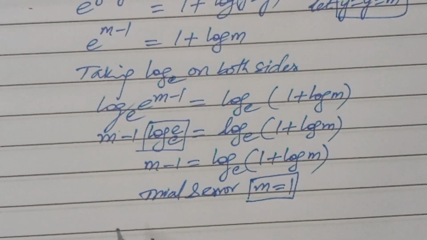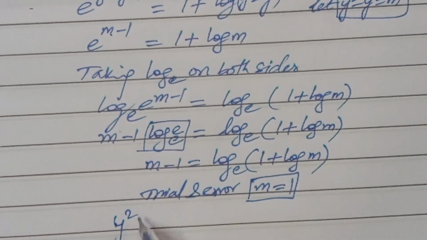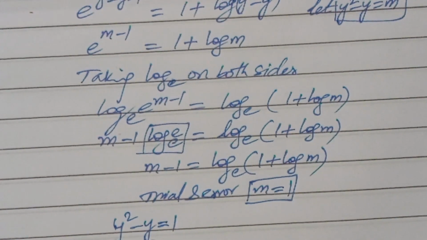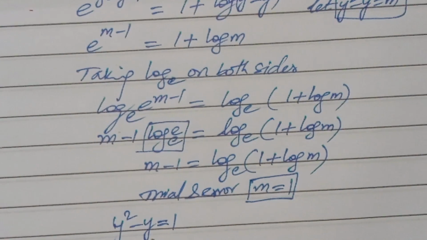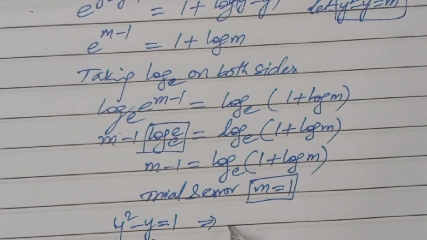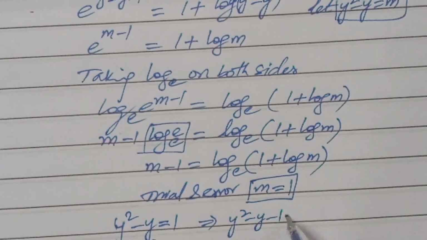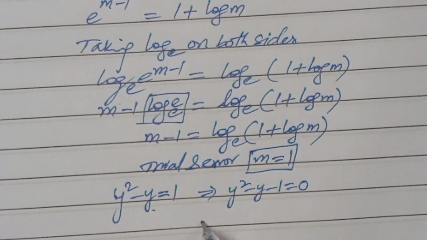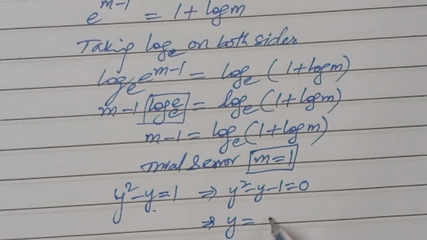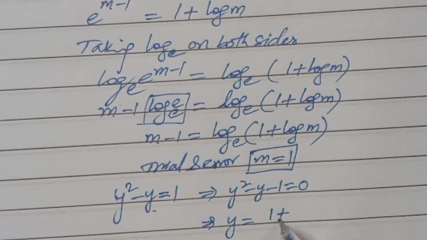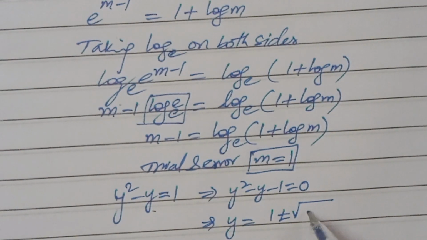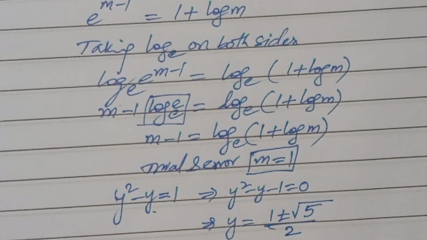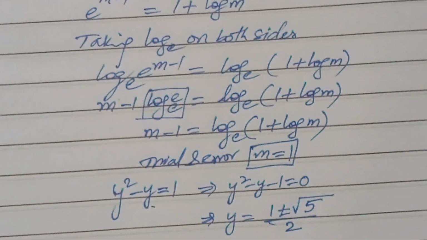What will we get here? Y square minus y is equal to 1. That implies y square minus y minus 1 equal to 0. Now if you apply the formula, you will get y is equal to 1 plus or minus root 5 by 2.